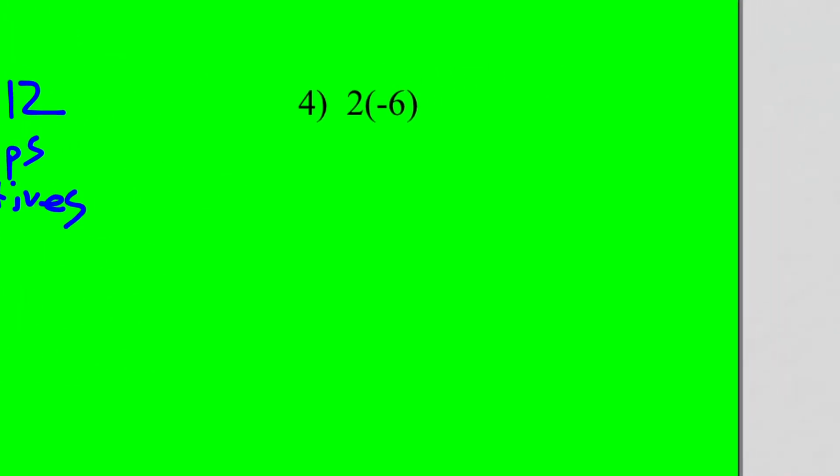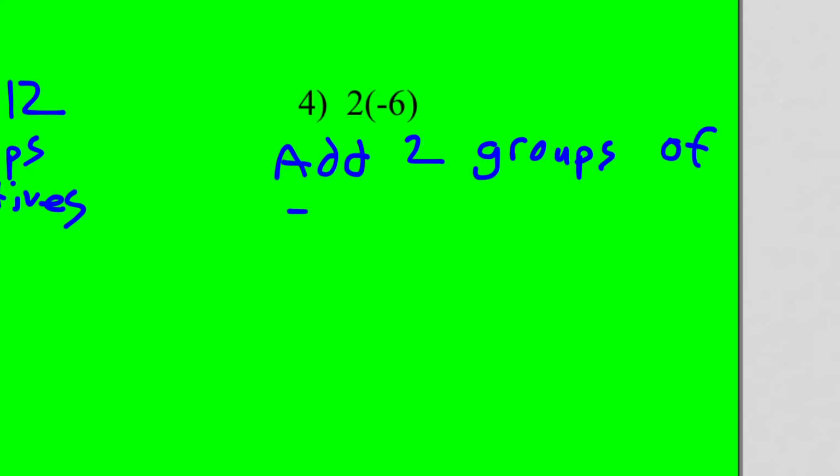And number 4, 2 groups of negative 6. Add 2 groups of negative 6. Okay, well, let's do it. Let's make 2 groups of negative 6. There's one group of negative 6.